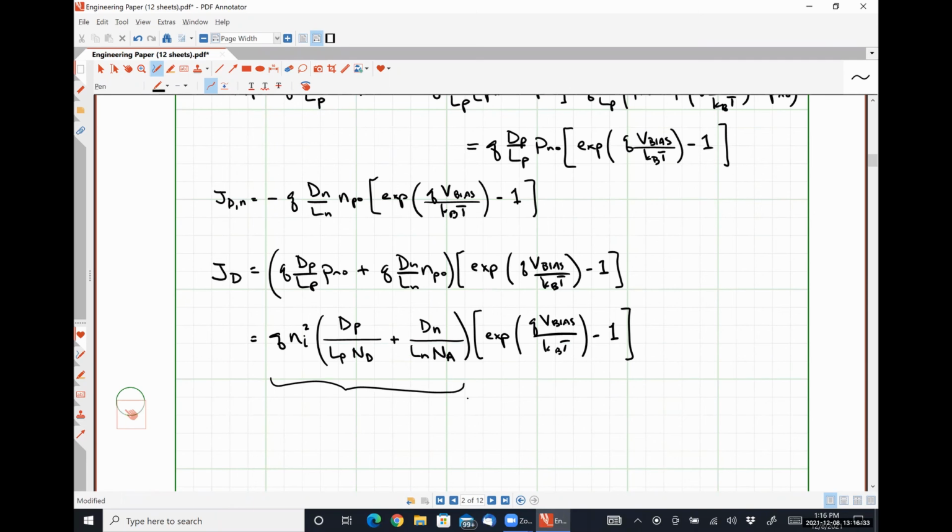This front bit right here, JS, is what's called the reverse saturation current density. And when we talk about reverse bias PN junctions on Friday, we'll see this guy again pretty quick.